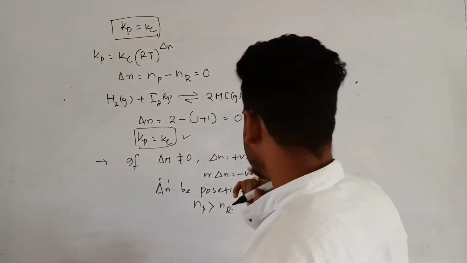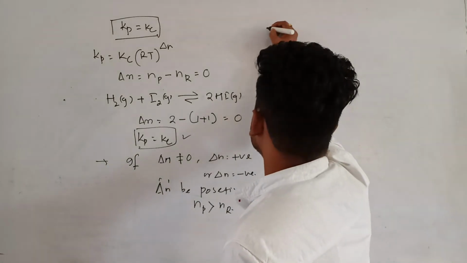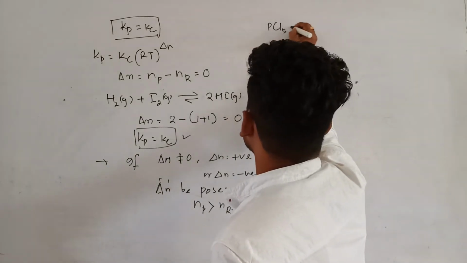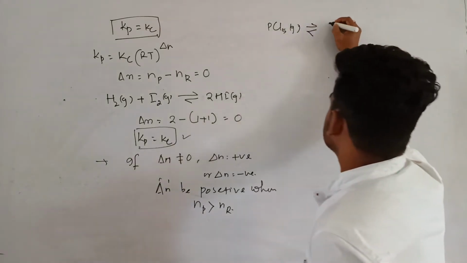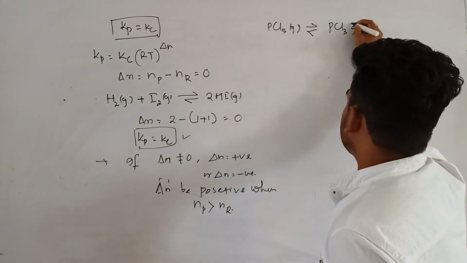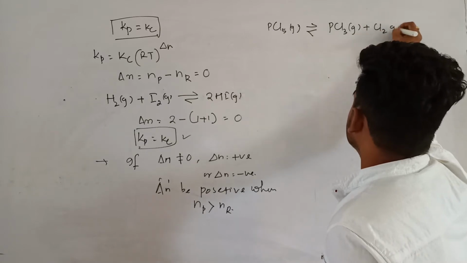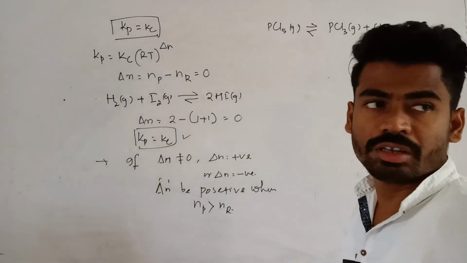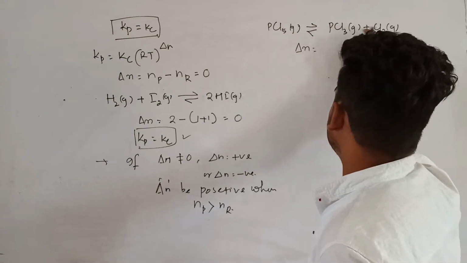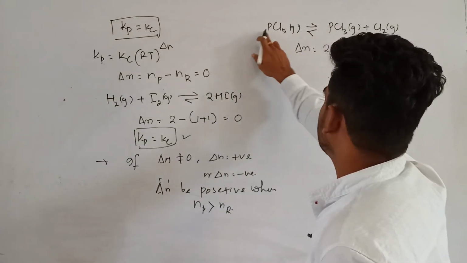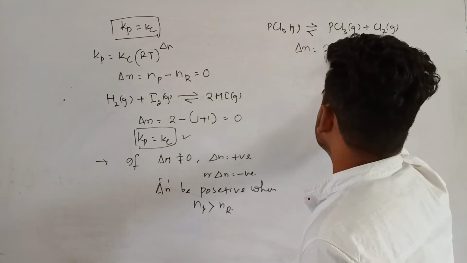Suppose I am considering a reaction of the type, let's say decomposition of PCl5. You just see PCl5 converted into PCl3 plus Cl2 gas. So here you just calculate this del n, that is number of moles of product, 1 plus 1, 2, minus number of moles of reactant, only 1, that is 1.